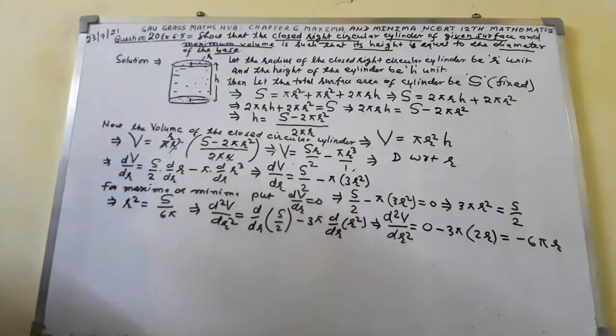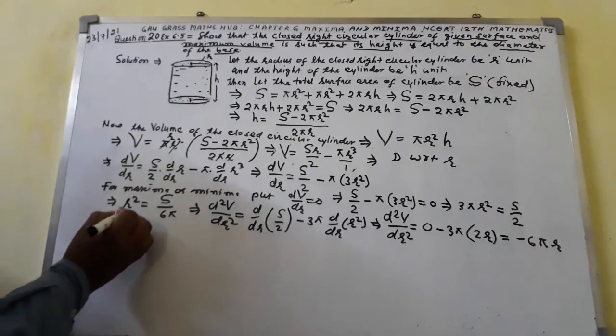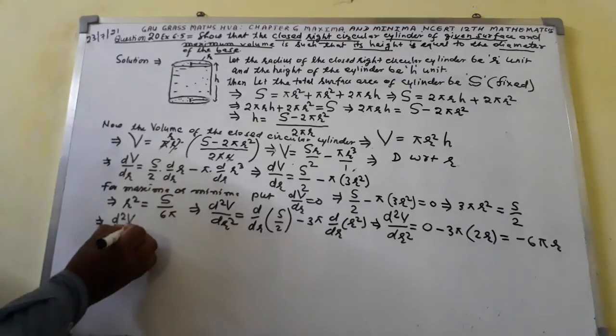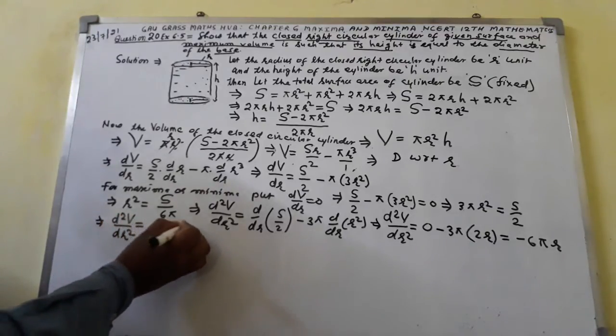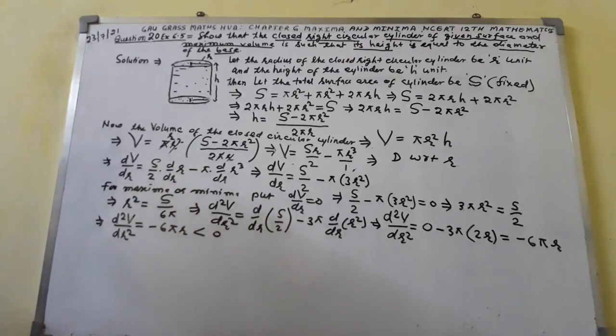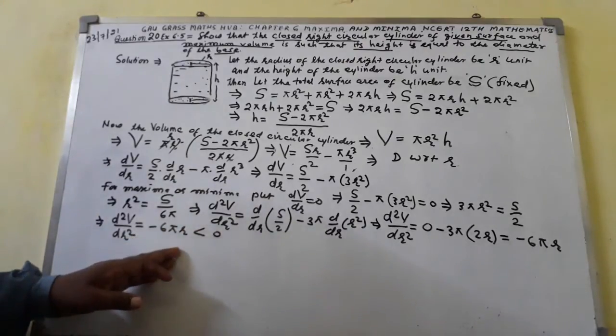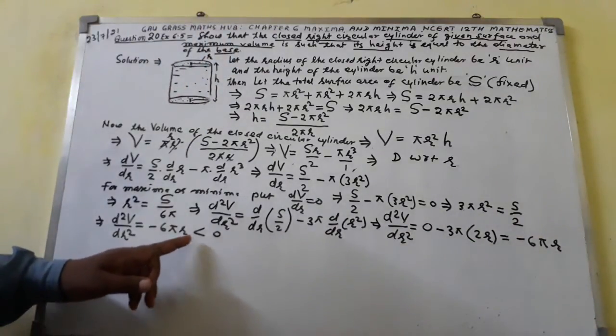So here again I shall write, implies that d square V over dr square equals minus 6 pi r, which is less than 0. This value, minus 6 pi r, is less than 0.